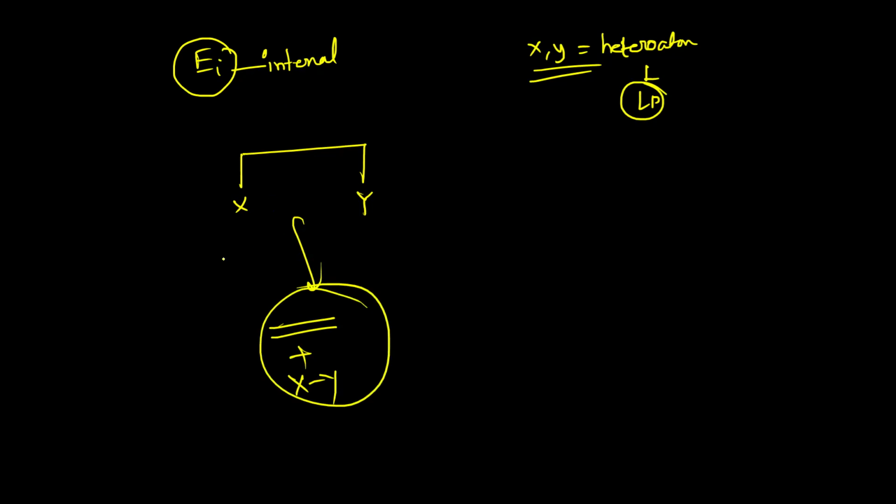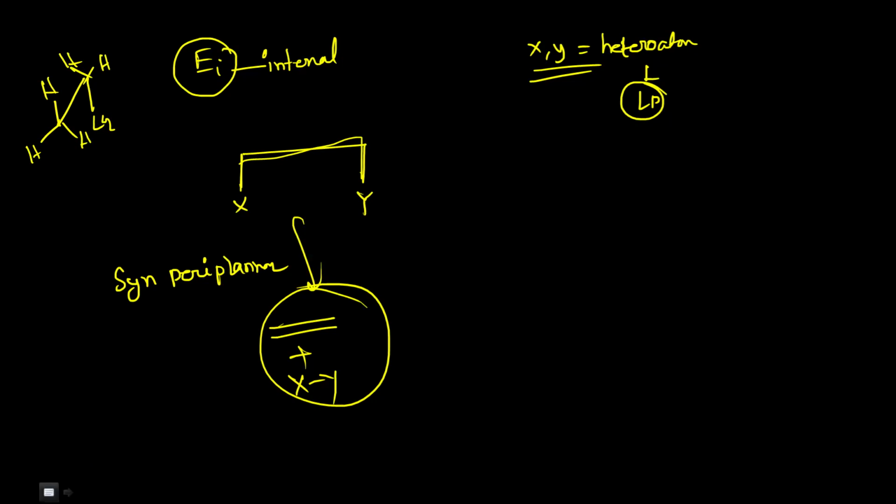And these two groups must be syn periplanar. But for E2, the groups should be anti-periplanar. For example, this leaving group and this hydrogen, this was the substrate we had taken for the E2 reaction.